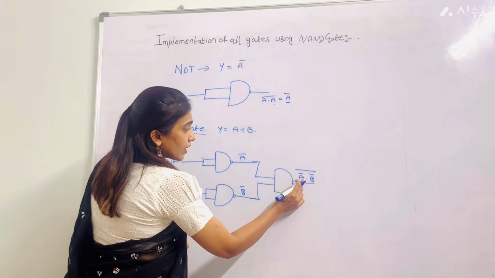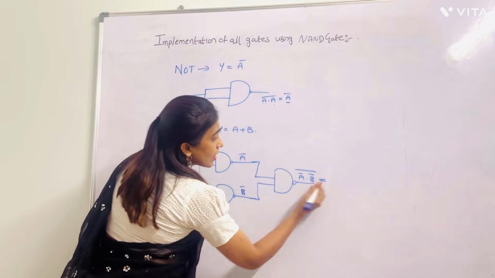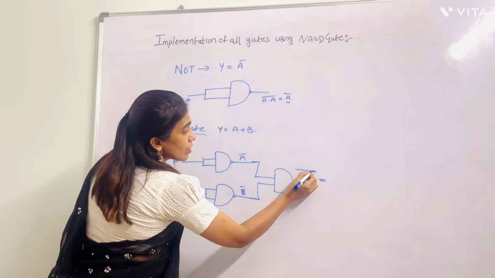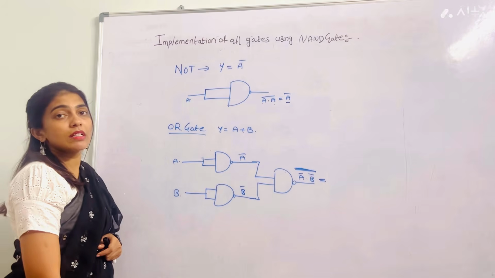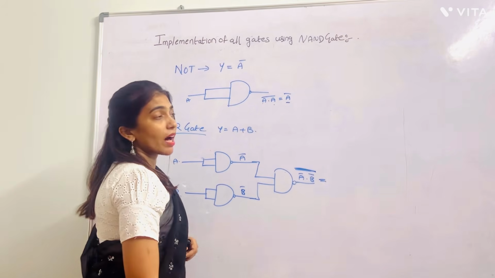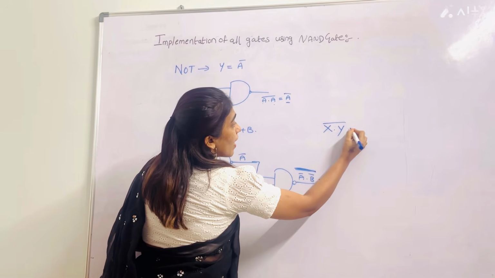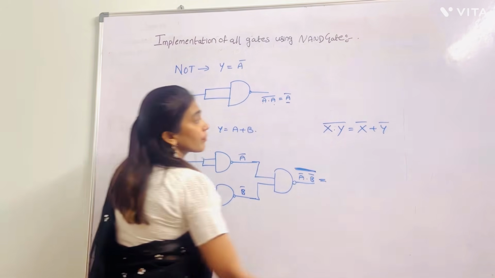So how to get a plus b from this equation? Listen. Here we have a bar into b bar whole bar, right? For this whole complement, we use De Morgan's theorem. You know De Morgan's theorem already. What is De Morgan's theorem? x into y whole bar equals x bar plus y bar.